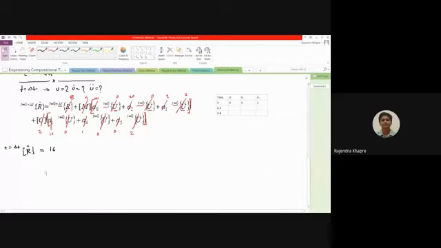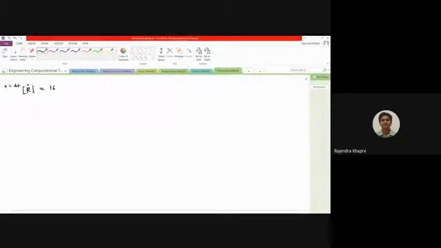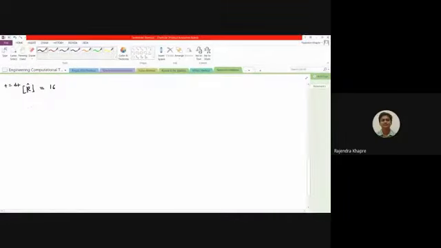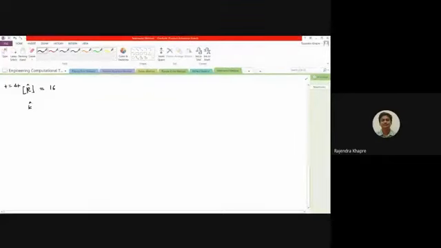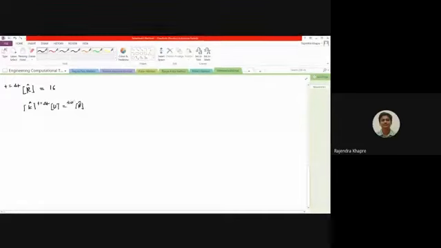Now, once this value is known, what we have to do is generate the effective stiffness matrix equation. So your effective stiffness matrix K into the displacement at t equal to delta t equals the effective load vector at t equal to delta t.